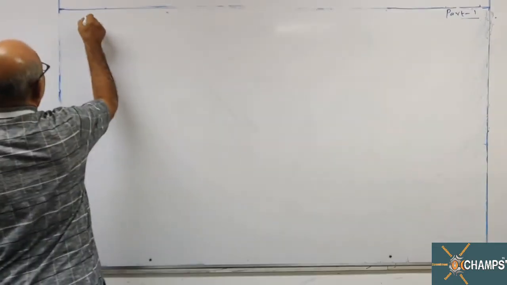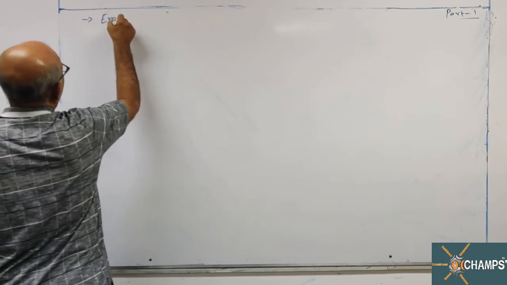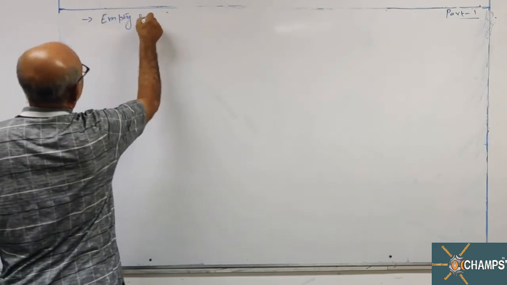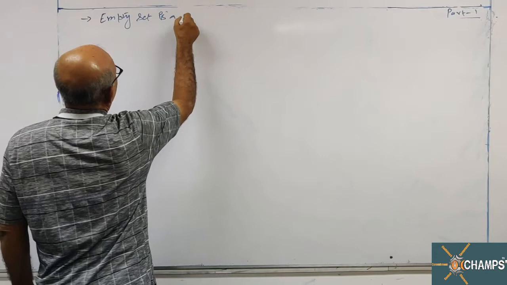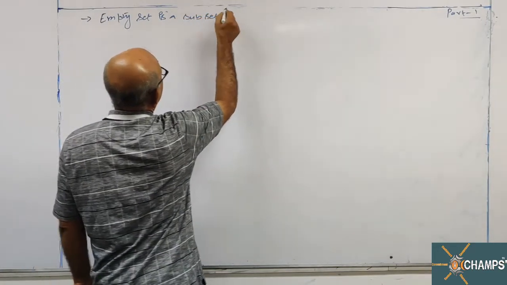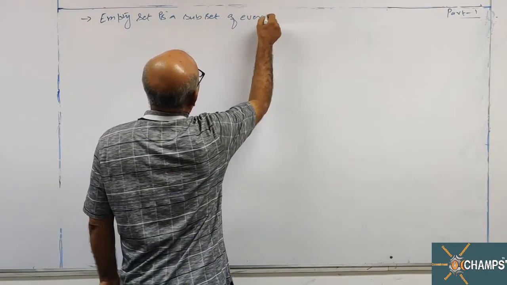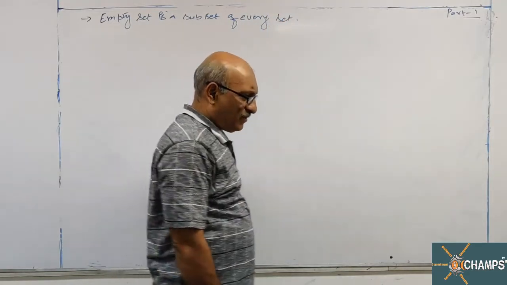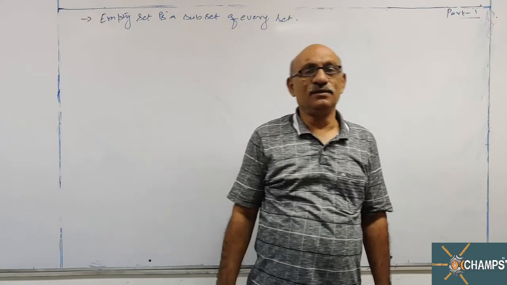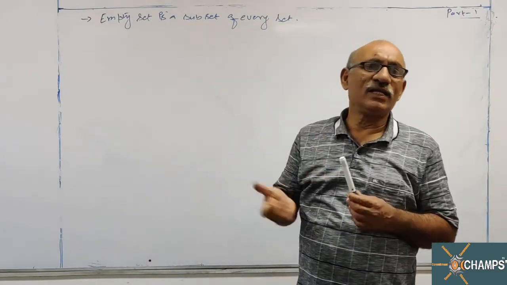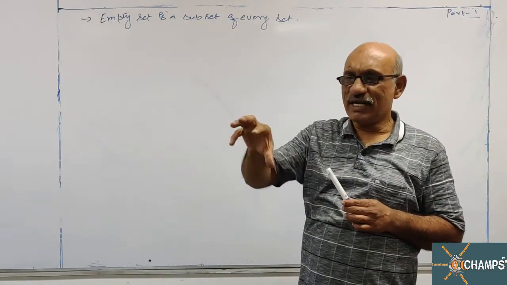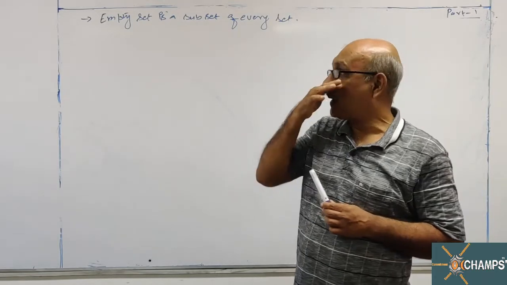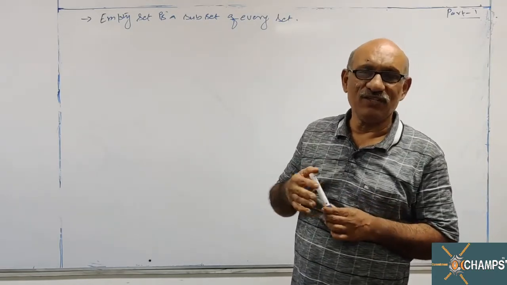Let us see here. Empty set is a subset of every set. Again, let us go back to the basic definition. Set means selection, or let's go to the subset definition.